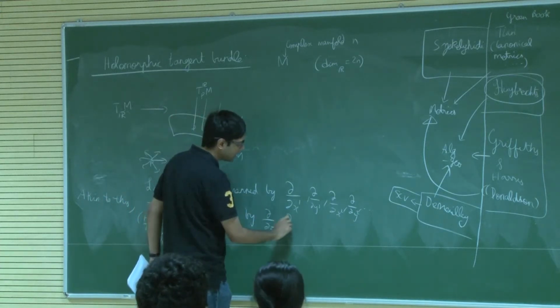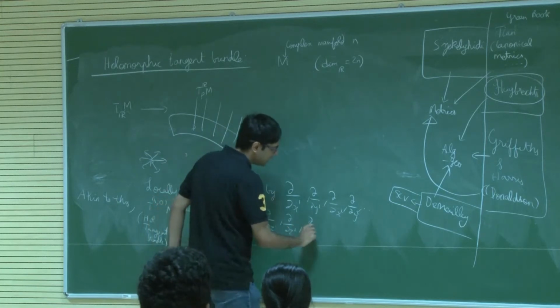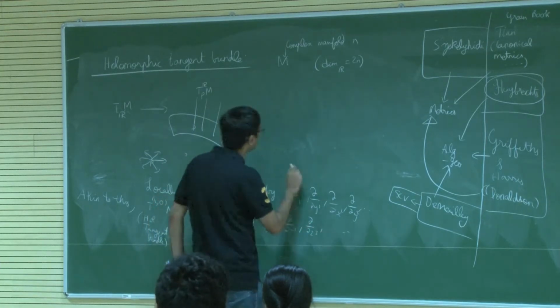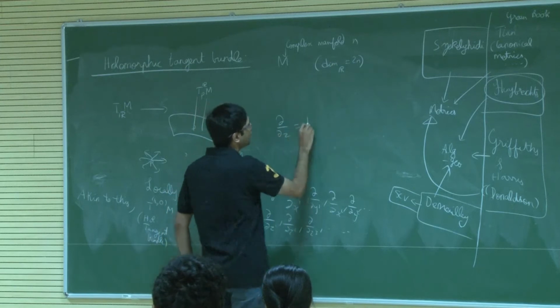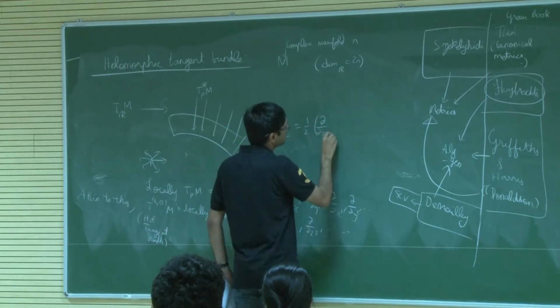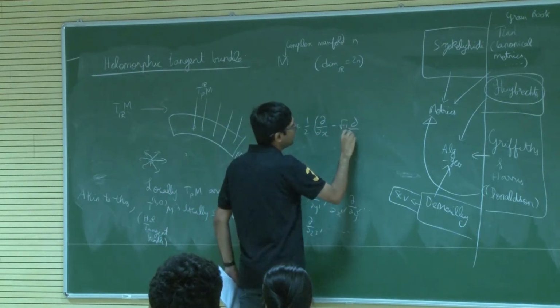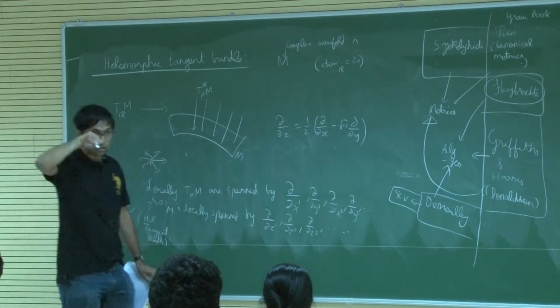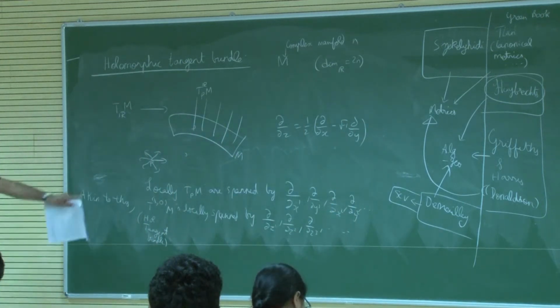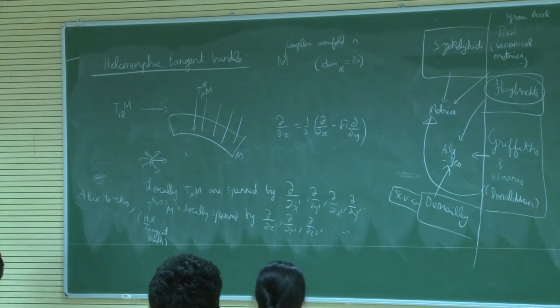I'm writing superscripts now: ∂/∂z1, ∂/∂z2, ∂/∂z3 and so on. Recall that ∂/∂z is one half of (∂/∂x minus i ∂/∂y). So that's what the holomorphic tangent bundle is spanned by locally.